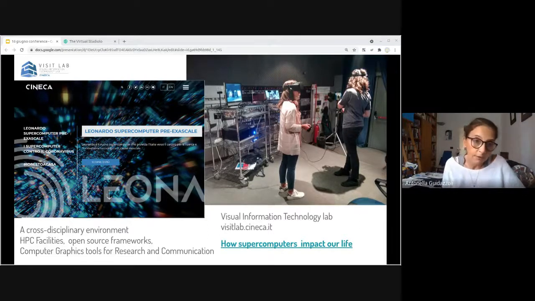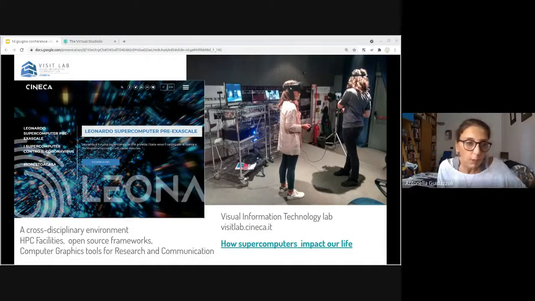The idea of this consortium is really to share our computational resources with all the universities and all the institutions that need supercomputing power. So just to give you an idea, we run numerical simulations in different scientific fields, ranging from physics, astrophysics, weather forecast, and climate sciences, and also computational engineering, bioinformatics.